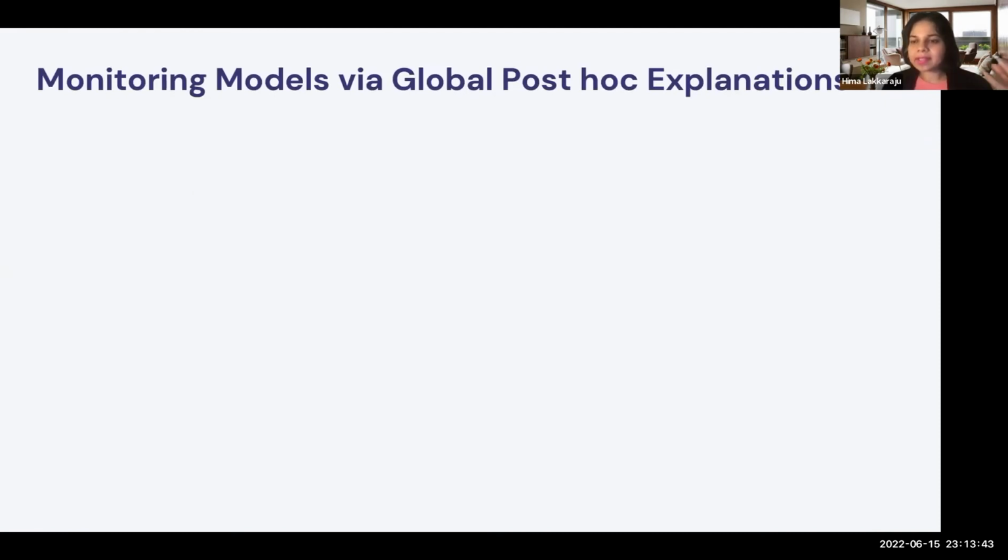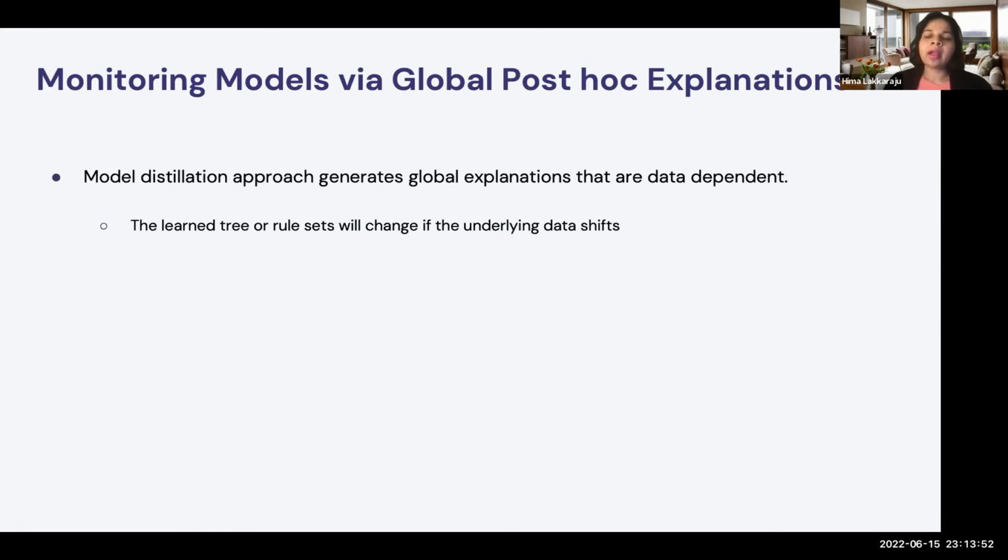Now, given that that's how we generate global post hoc explanations, how can we think about model monitoring via these kinds of explanations? So the model distillation approach, specifically to generate global explanations, often generates explanations that are data dependent, right?